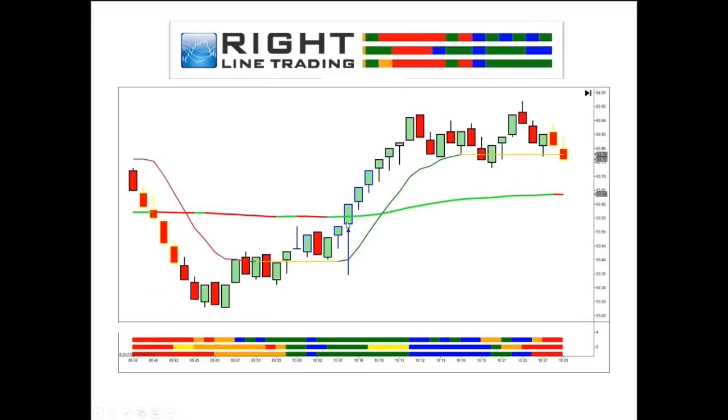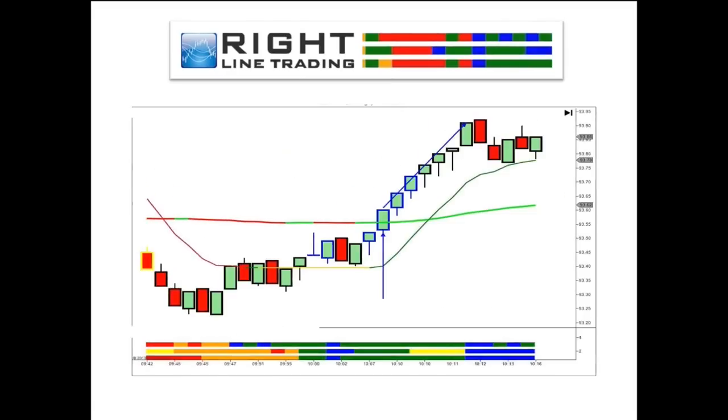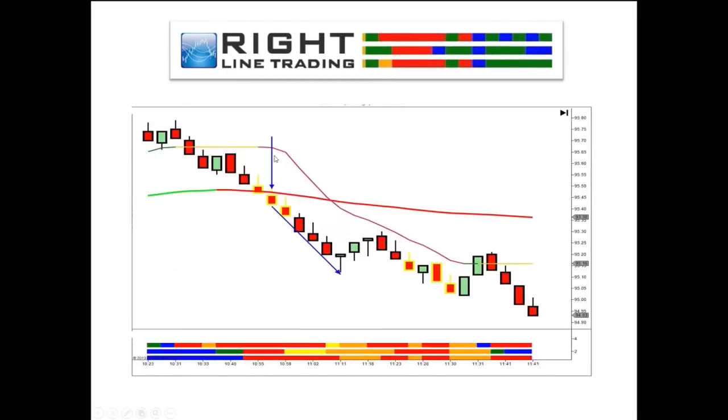And really, here's the same trade again. Whoops. The reason is that I'm hitting the wrong color. Now, here's the same trade to the downside. We break the 50 to the downside. We have the 15 and the 50 down. The candle's outlined in yellow, which means order flow, stochastic, and momentum are with you to the downside.